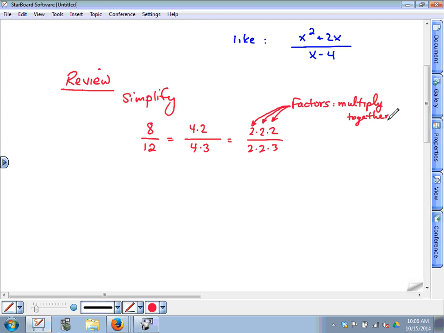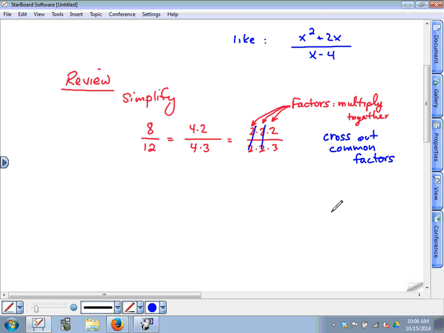Okay? What you guys are really doing when you're simplifying fractions is you're crossing out common factors. This 2 right here, on the top and bottom, they cross out. These 2's cross out. You can cross out or cancel out common factors. So all you guys that simplify fractions, this is really what you're doing in your head. Kind of cool, right? You're canceling out common factors without even knowing it.